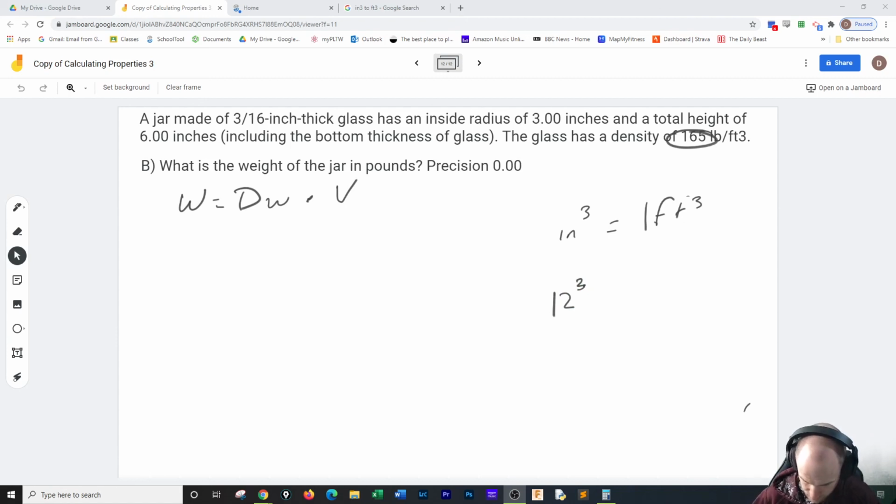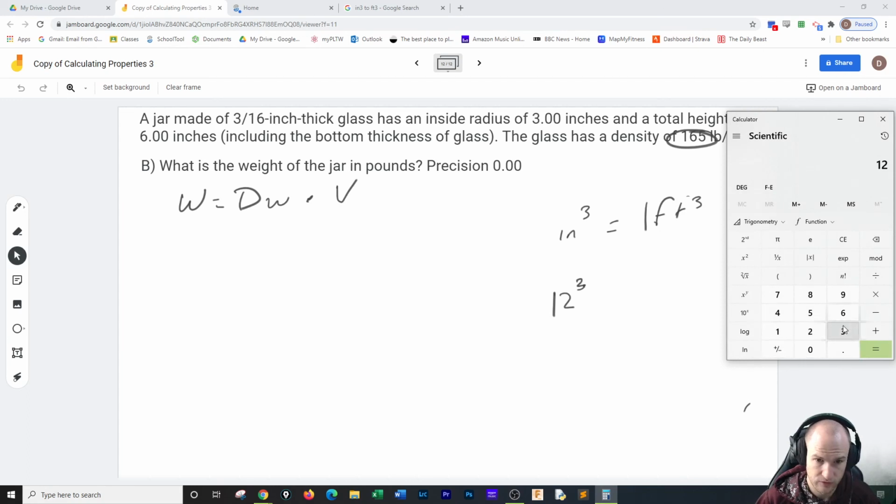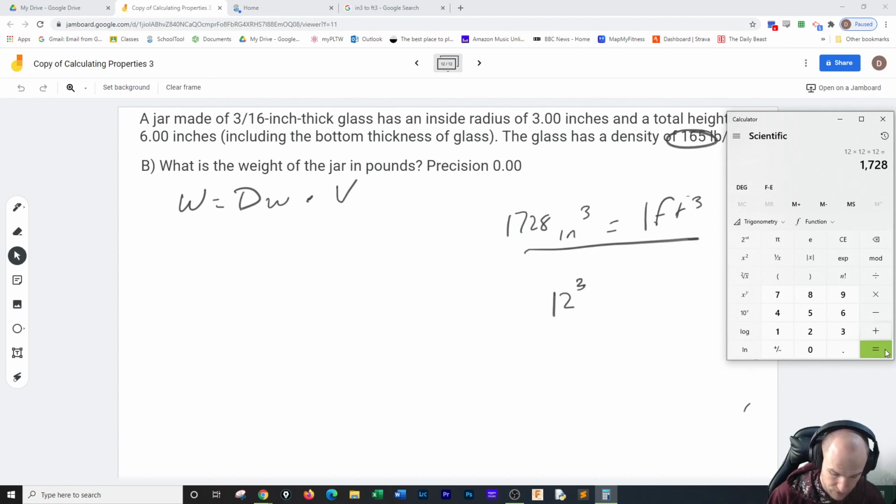So if we're looking at this on the calculator, 12 times 12 times 12 is 1,728 inches cubed, which is equal to 1 foot cubed. So we have to divide this number by this number.